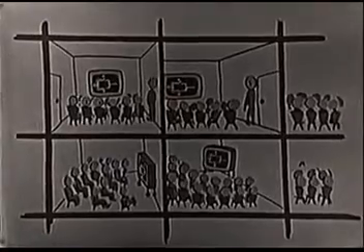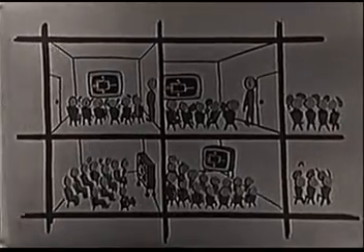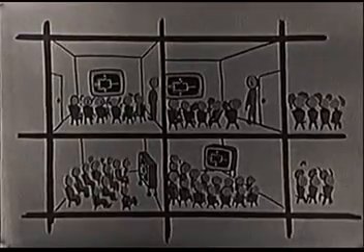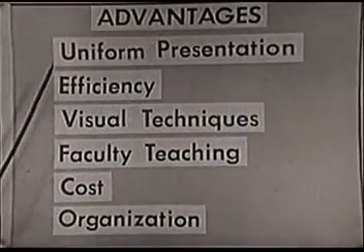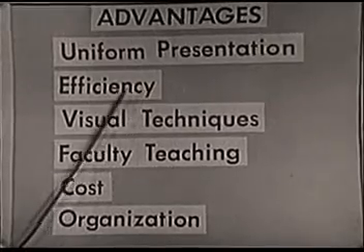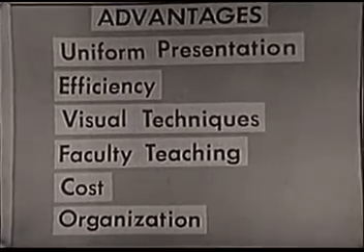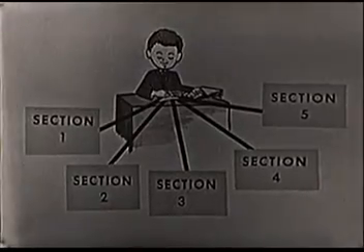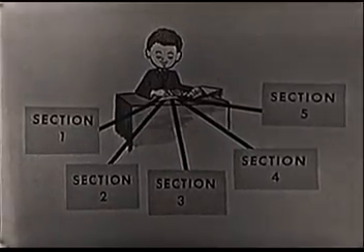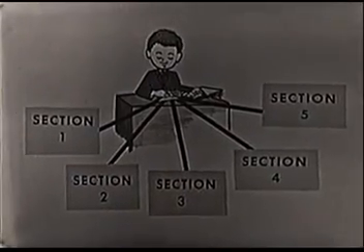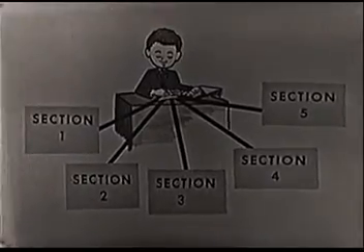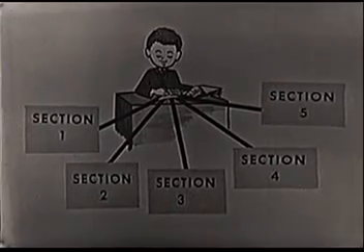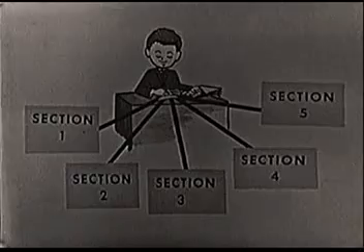In other words, uniform presentation is given to a large group of students. Secondly, efficiency is listed as an advantage. Visually, you can see how we interpret efficiency, and what we mean here simply is that there is one careful preparation for a large number of sections of students.